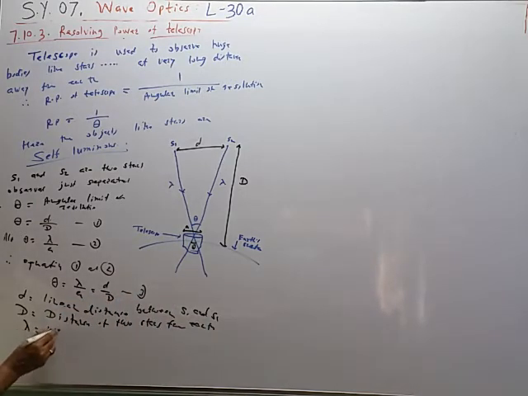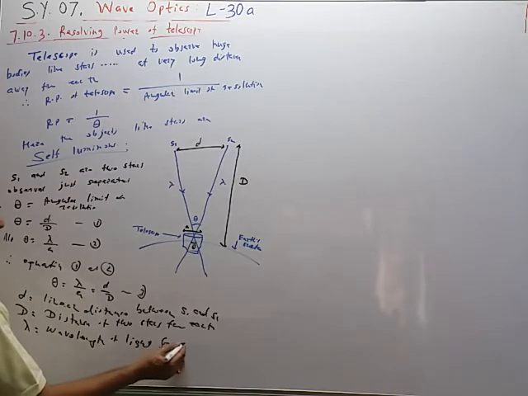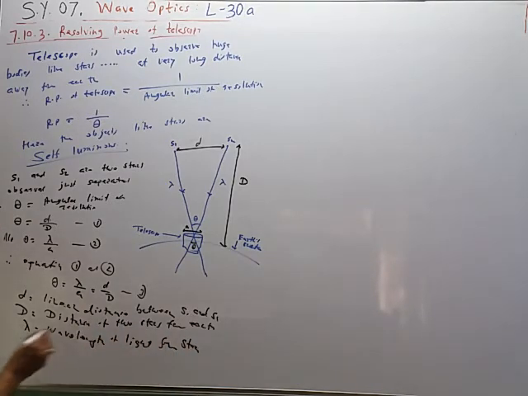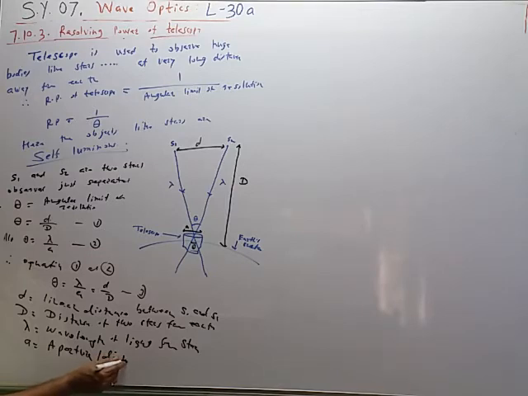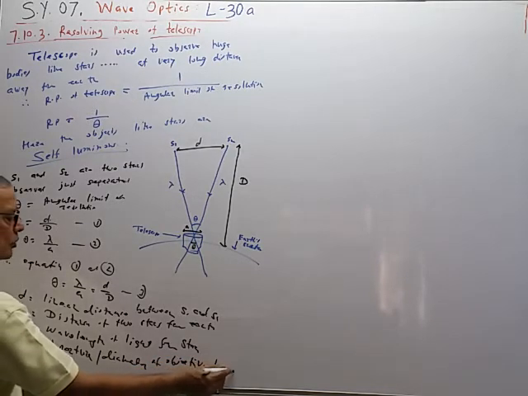Lambda is equal to the wavelength of the light from the stars. A is equal to the aperture, that is, the diameter of the objective lens in a telescope.